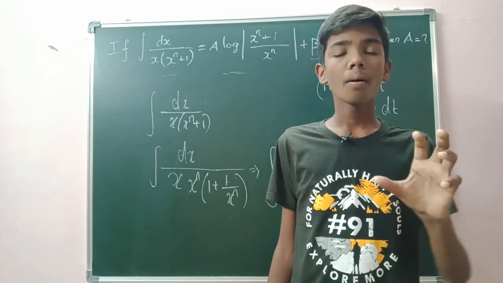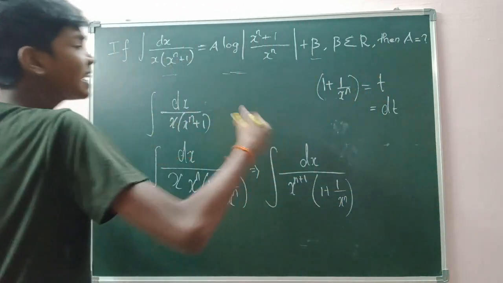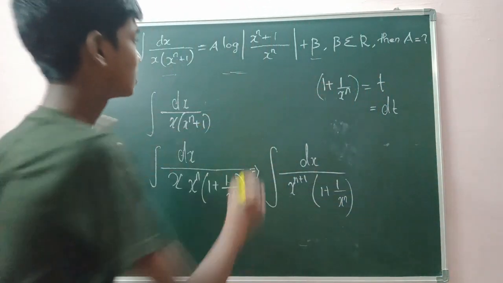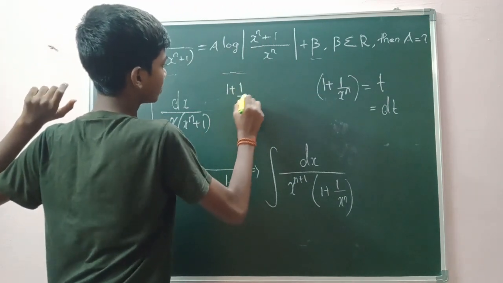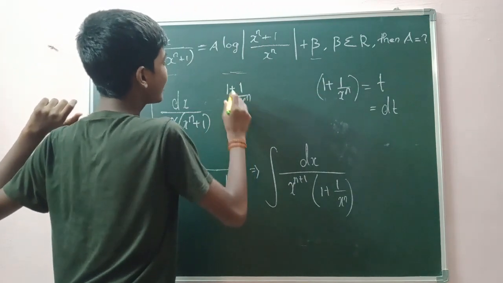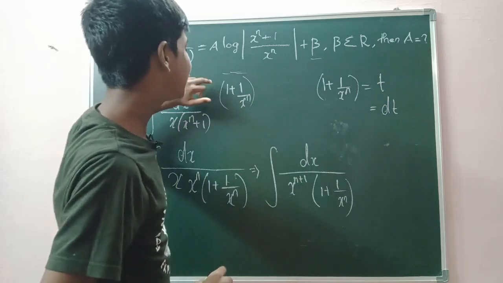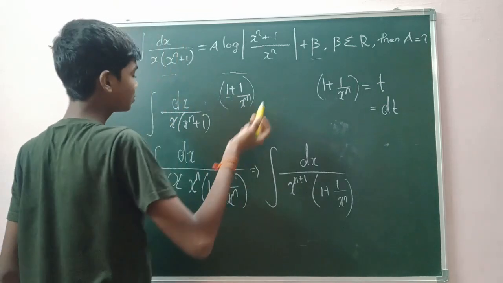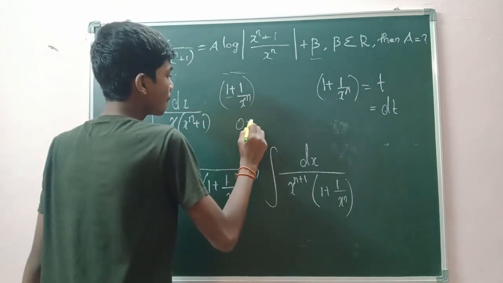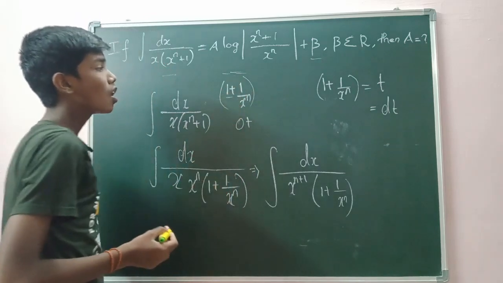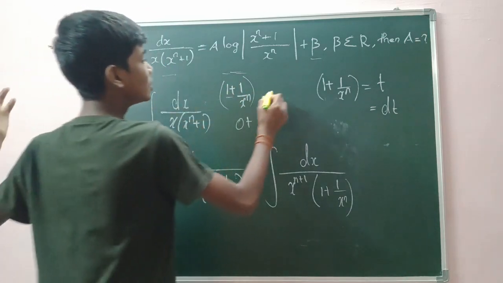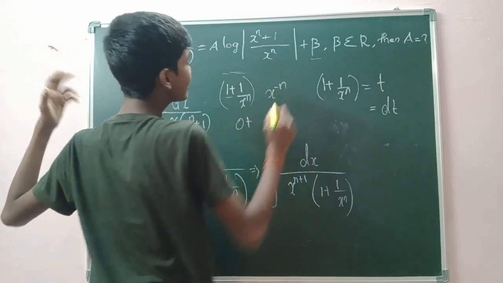So now, can't I write this t here? I will write it out here. One minute, wait. So 1 plus 1 by the exponent, when I try to differentiate it, the differentiation of the constant is 0, plus the differentiation of 1 by the exponent. So 1 by the exponent is x to the power minus n.